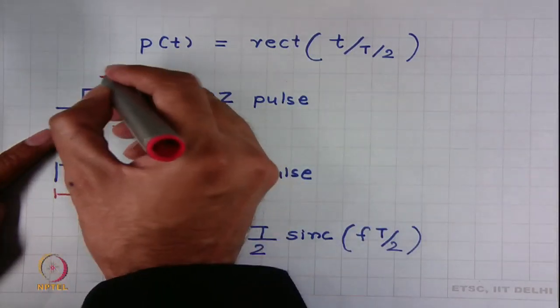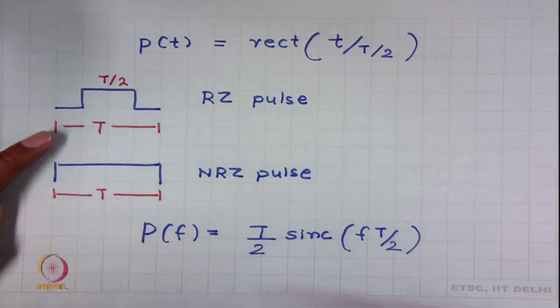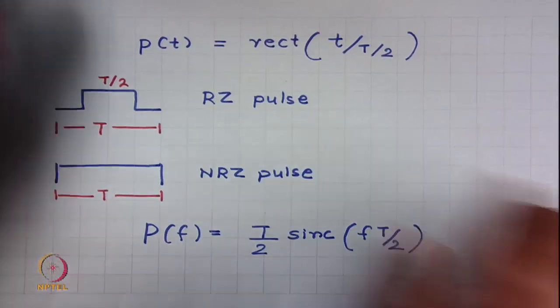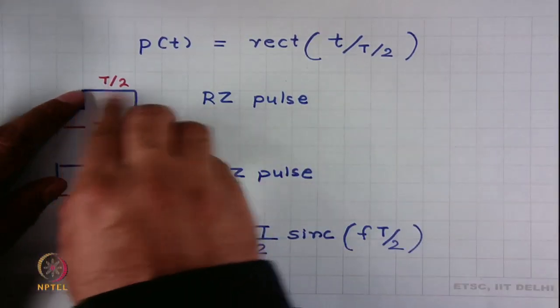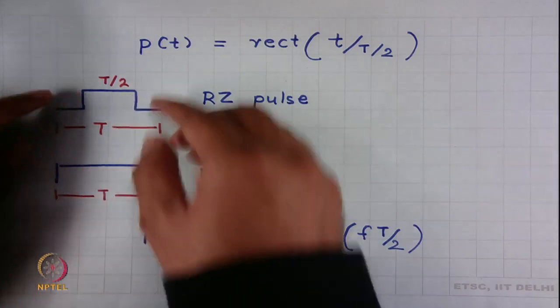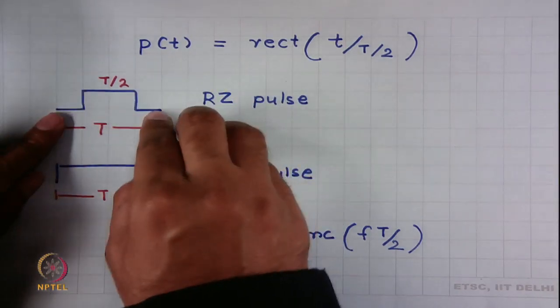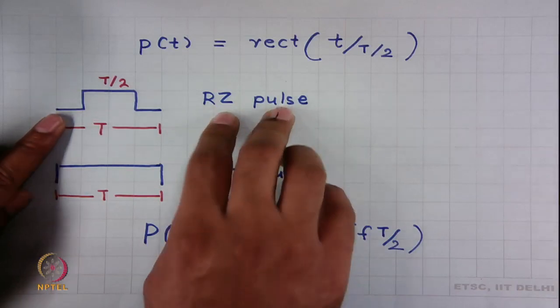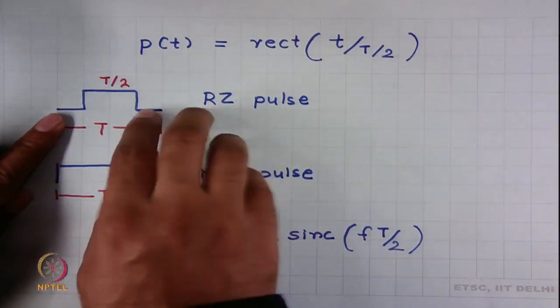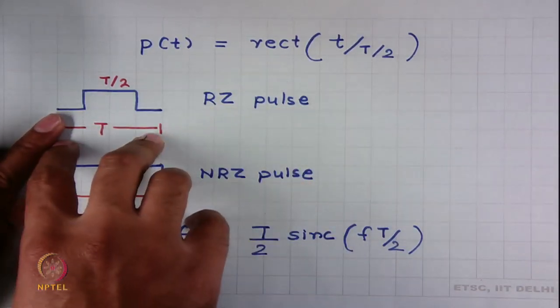So, the pulse duration is T by 2. That means this pulse would take a value 1 or A for a certain duration, and then it will drop down to 0, and such a pulse is known as return to 0 pulse. That means it returns to 0 within a bit duration.